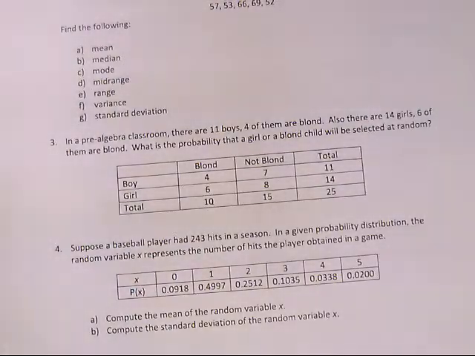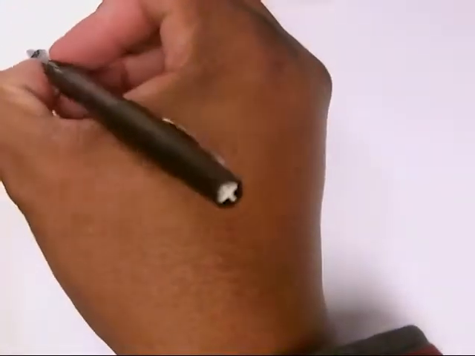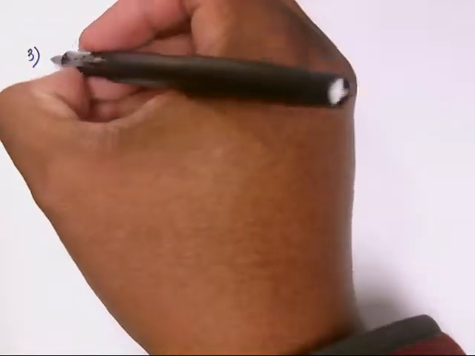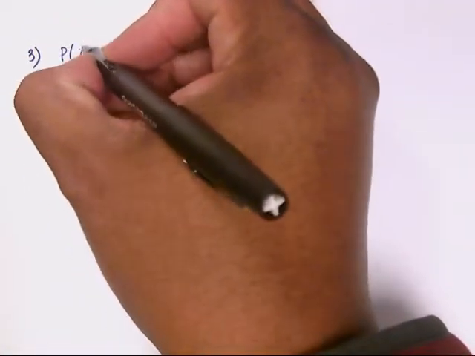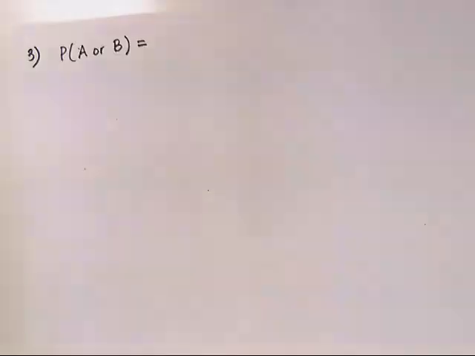Alright, in this case, we have to use the addition rule for probability. Okay? And that addition rule for probability, I'll go ahead and write this down. Is this: the probability of event A or event B occurring, because it's going to be a blonde girl, girl or a blonde child.